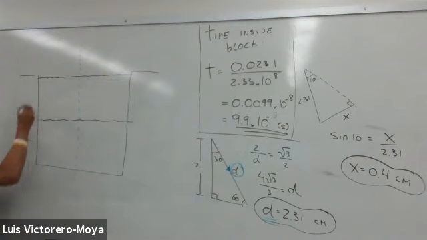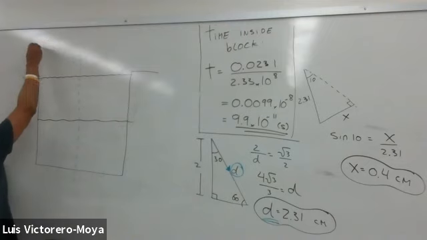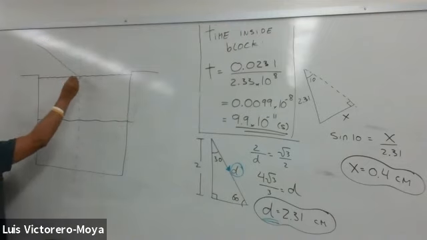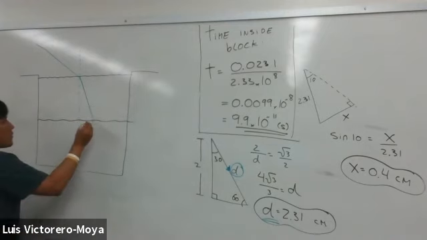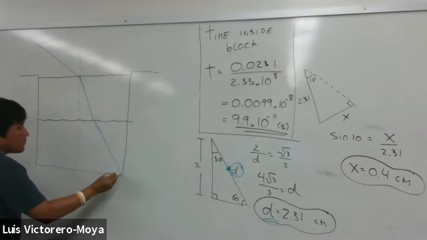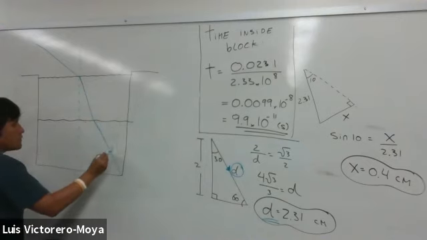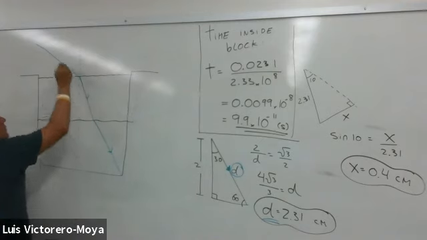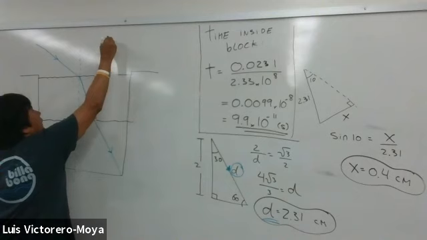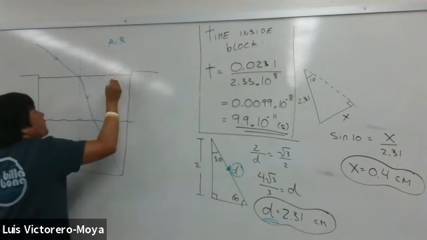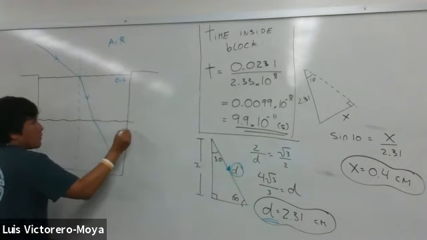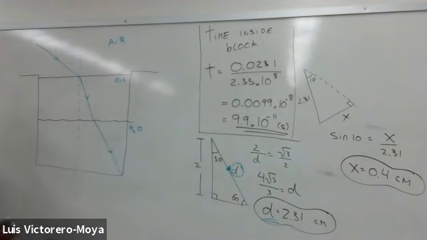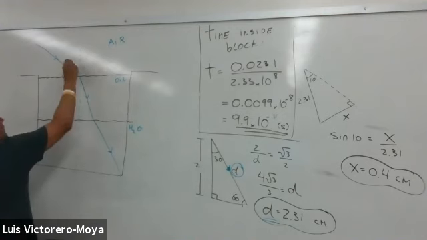And then you want to go from air towards oil, and then towards water, like that. So this is air, oil, and here let's put water. Let's say that this angle is 60 degrees.